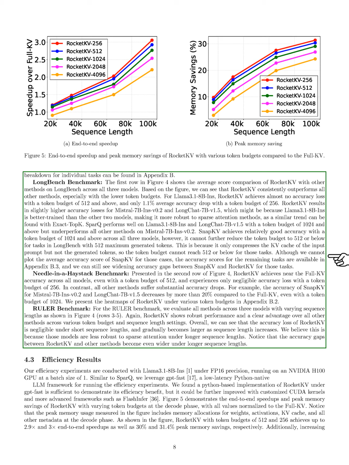Spark performs well on Llama 3.1-8B INS and LongChat 7B v1.5 with a token budget of 1024 and above, but underperforms on Mistral 7B INS v0.2.